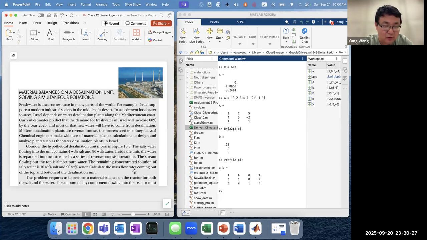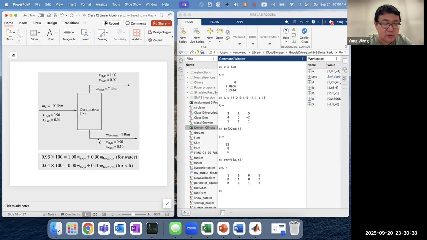So calculate the mass flow rates coming out of the top and bottom of the desalination unit. So what is the split of the flow? This problem requires performing a material balance. So you have this amount of mass of water going into the desalination unit, with the mass fractions of water and salt, and then on the top stream you have pure water, 0% salt.